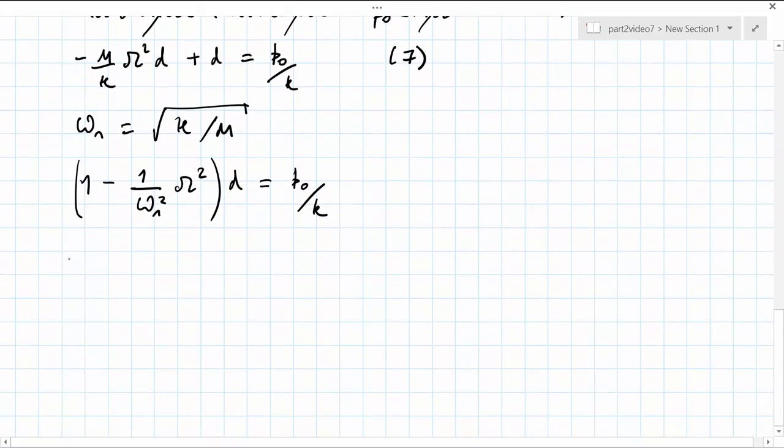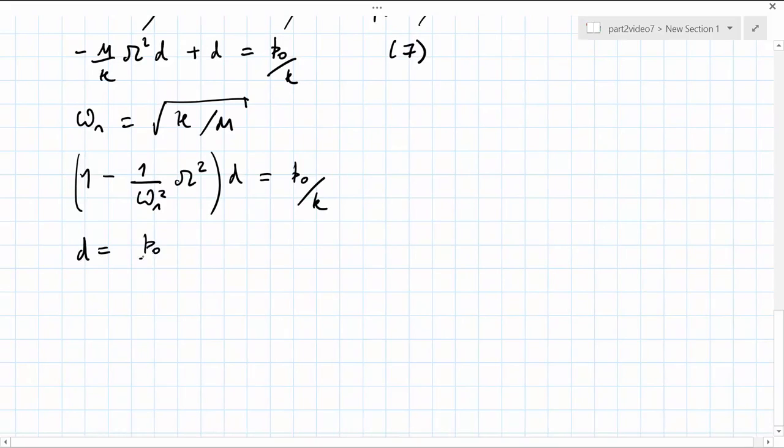Rearranging and solving for D, we then have D is equal to P0 over k times 1 over 1 minus the square of the forcing frequency divided by the square of the natural frequency.